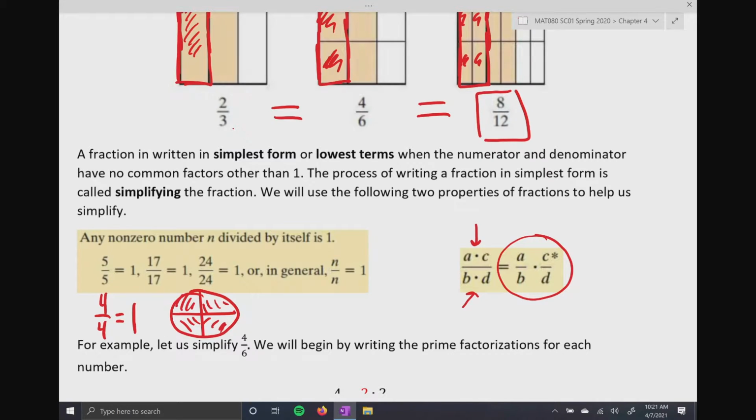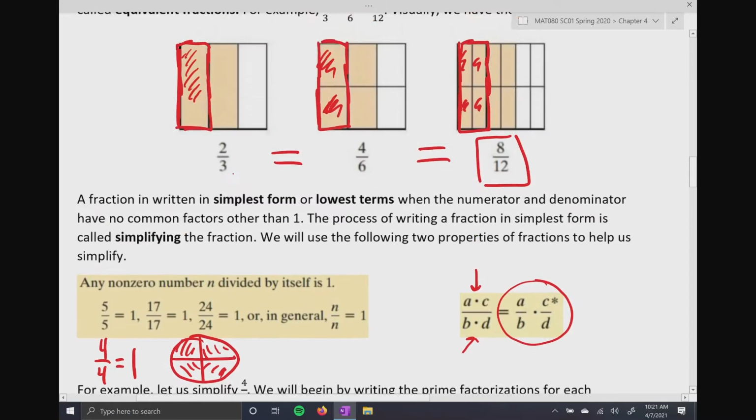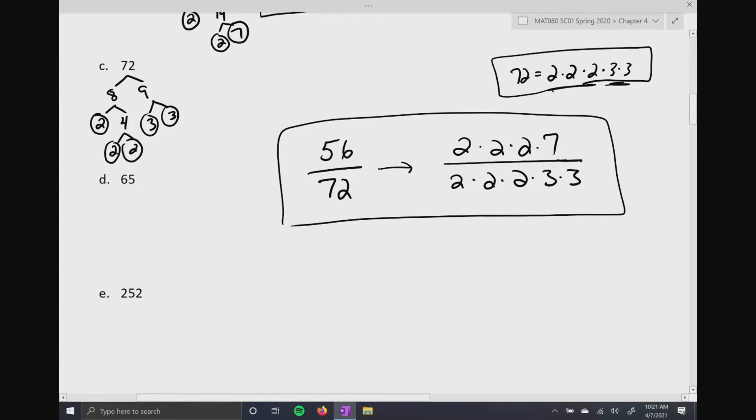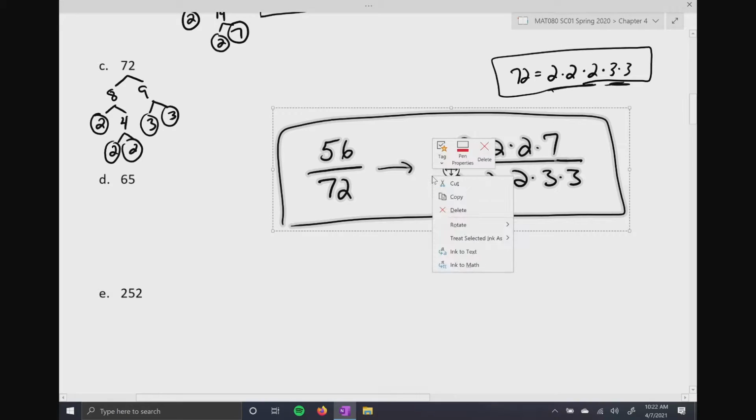All right? So, if we look at 4/6, for example, actually, let's look at the one we just did. Let me copy and paste this: 56 over 72, because we did this one together.